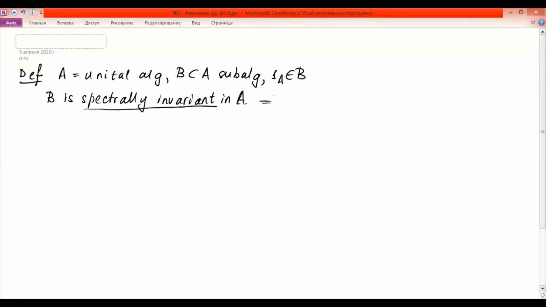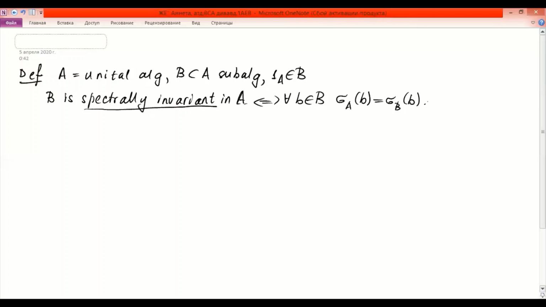if for each element little b in B, the spectrum of b calculated with respect to the bigger algebra A equals the spectrum of b calculated with respect to the subalgebra B. So let's recall that in the general case, the spectrum of b with respect to the bigger algebra A is contained in the spectrum of the same element taken with respect to the smaller algebra.